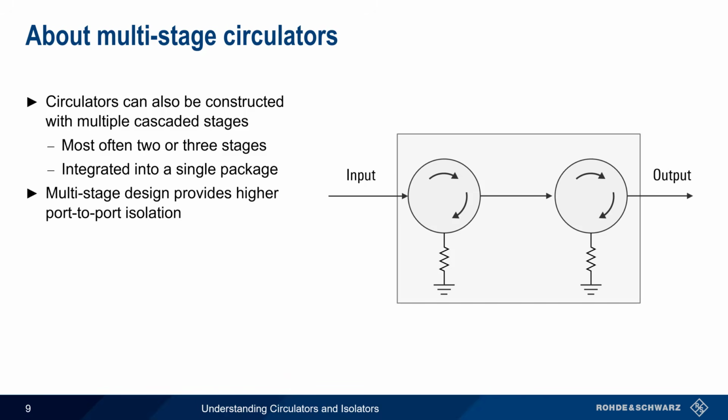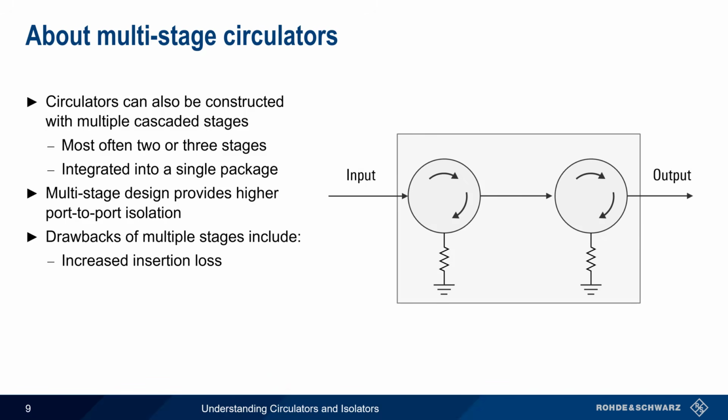The reason for cascading multiple circulators is that this provides higher port-to-port isolation. This higher isolation does, however, come at a cost, namely higher insertion loss in the forward direction, greater size and weight of the device, and increased cost. Note too that most multi-stage circulators have the third or load port terminated.